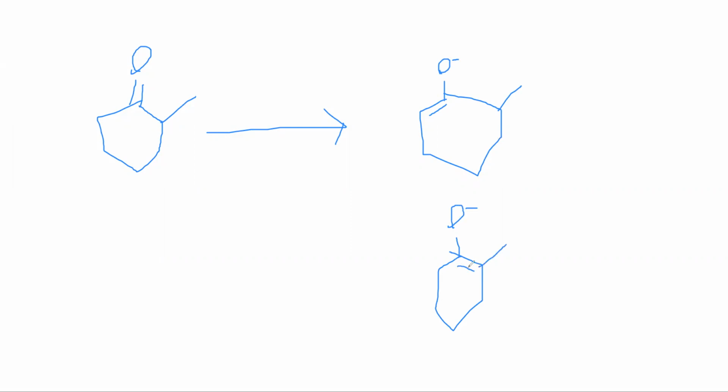The one on the bottom is more stable because it's more substituted. The more stable product is the thermodynamic enolate. And the less stable one is the kinetic enolate. It's called kinetic because it forms faster, because it's easier to form the enolate here since there are more protons there and it's less sterically hindered.